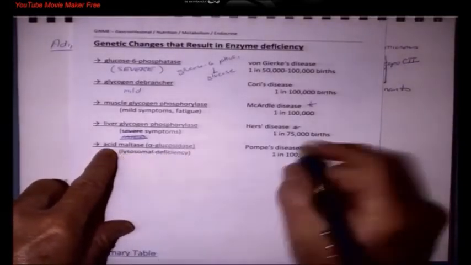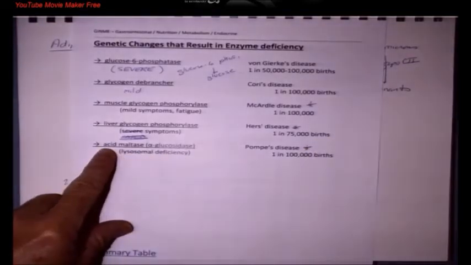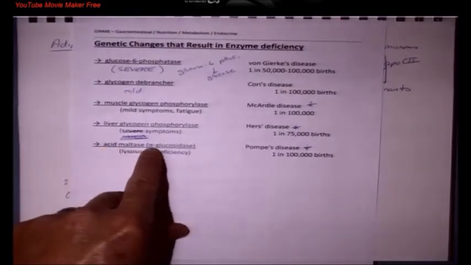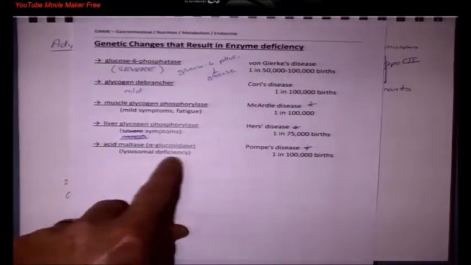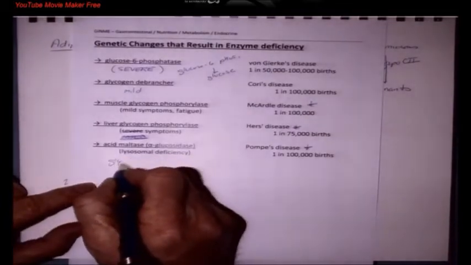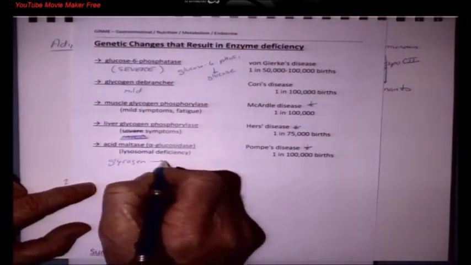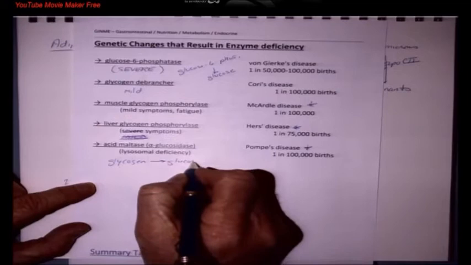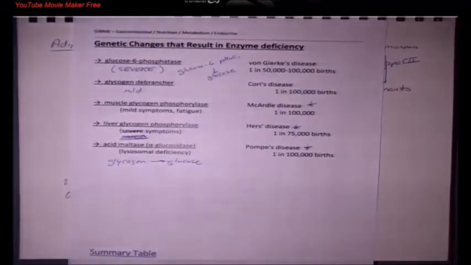What's this one? Acid maltase, Pompe's disease. Acid maltase, alpha-glucosidase, lysosomal deficiency. What's that got to do with a glycogen problem? This is an alternative path to generate glucose from glycogen. The normal glycogenolysis occurs in the cytoplasm.